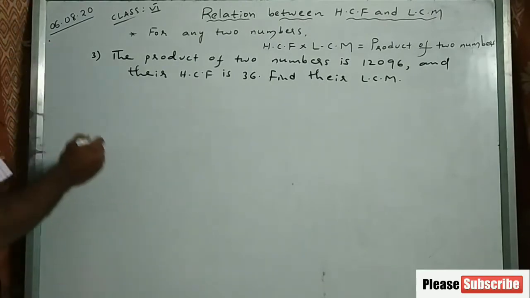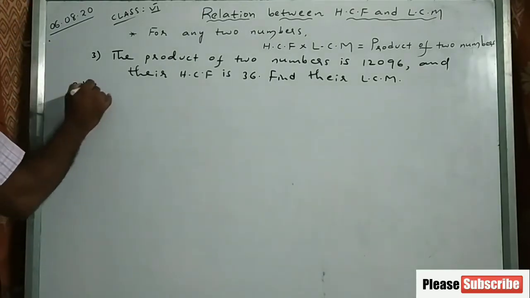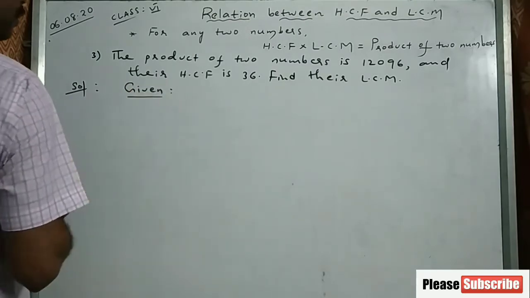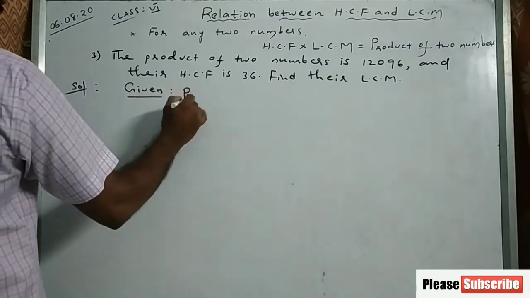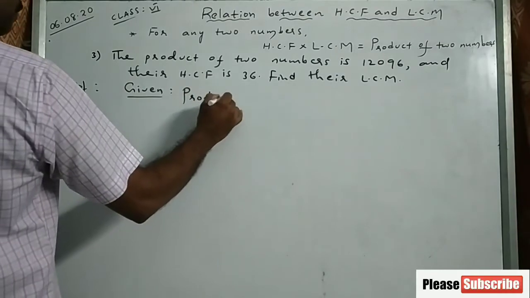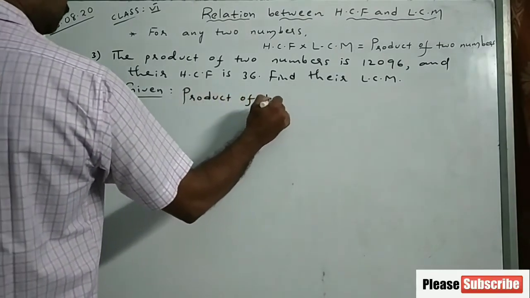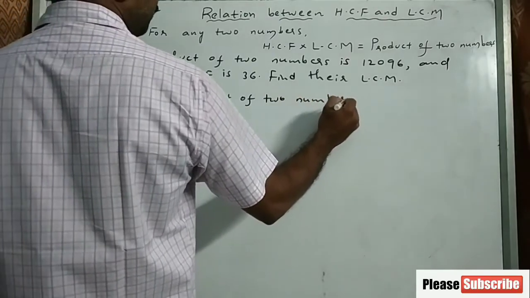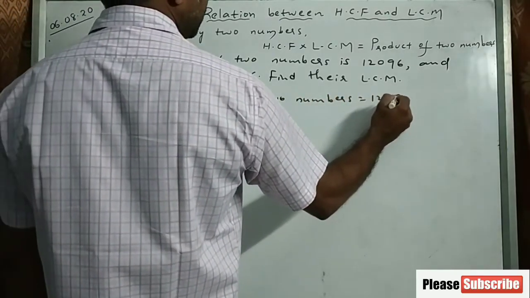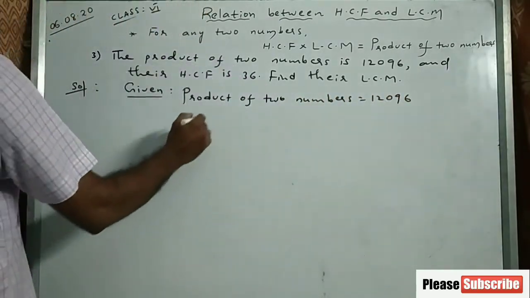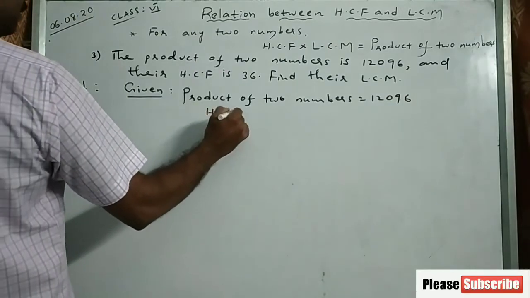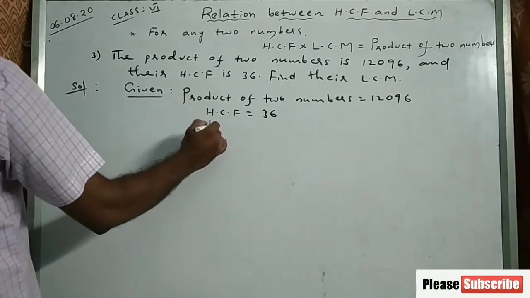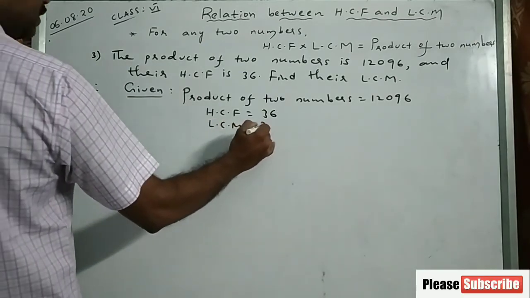Okay. What is given? Product of two numbers is given, 12096. HCF is given, 36. Find their LCM. So LCM equal to question mark.